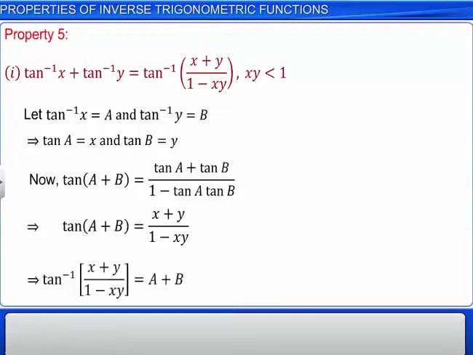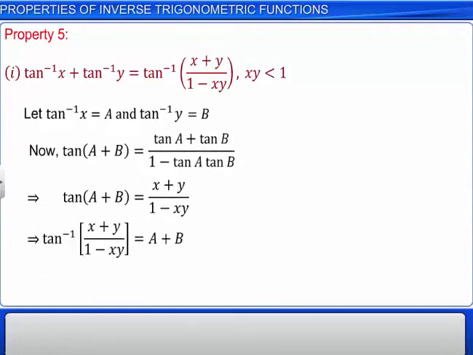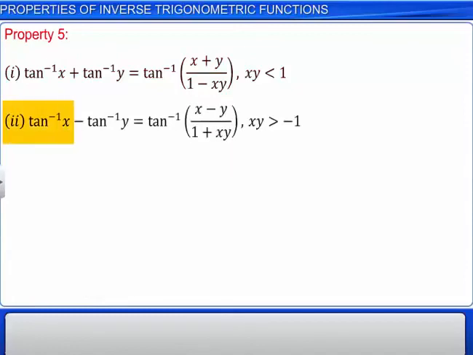This implies tan inverse of x plus y upon 1 minus xy is equal to a plus b. Substituting the values of a and b, we get tan inverse of x plus y upon 1 minus xy is equal to tan inverse x plus tan inverse y. The other property can be proved by following the same method.